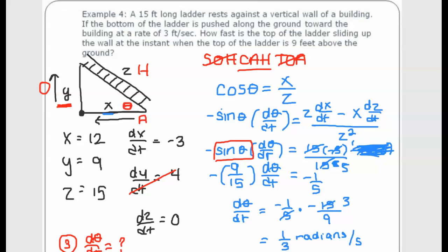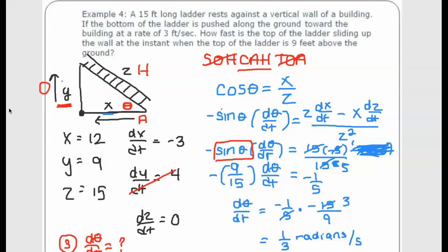If this angle is getting bigger, what do you think about the angle opposite it up here in blue? That would be getting smaller, right? As one angle in a right triangle is increasing, the other angle would be decreasing. Would the angles be increasing and decreasing at the same rate? Yeah.